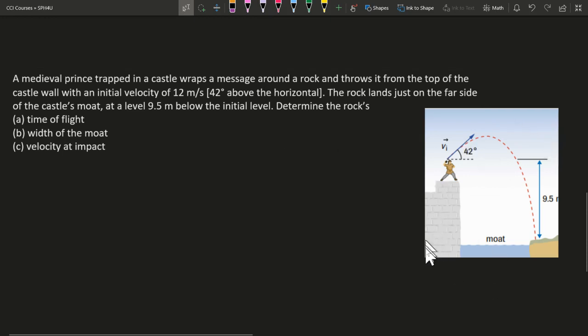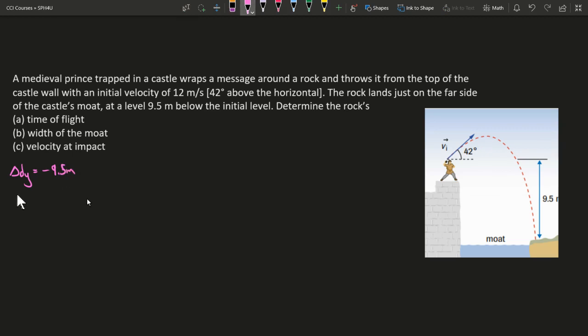All right, so again, I'm going to set up some conditions. I'm going to say that my delta y is negative 9.2 meters. Or sorry, 9.5. That should be a 5 here. Let me get rid of that 2 and make it into a 5.